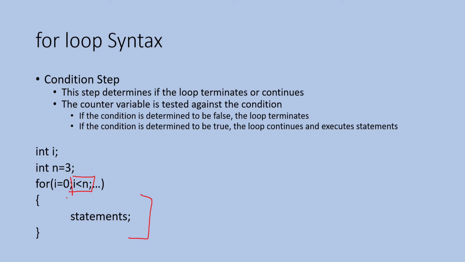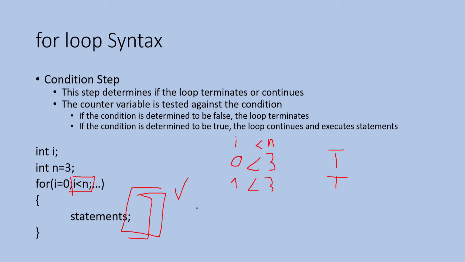So in this first run, it's going to be 0 for I and 3. So this is I and this is n. Is this statement true? It is true, so it's going to execute these statements, right? Now we're going to go to the next one, which is going to be the increment. So this is going to go up 1, and we'll see this in a second, and this is true.